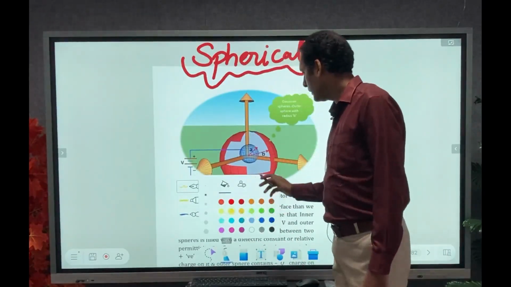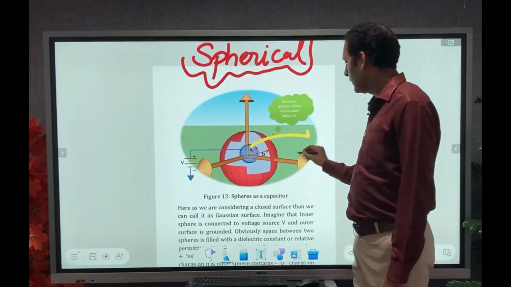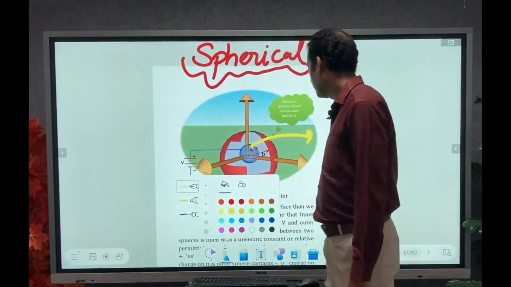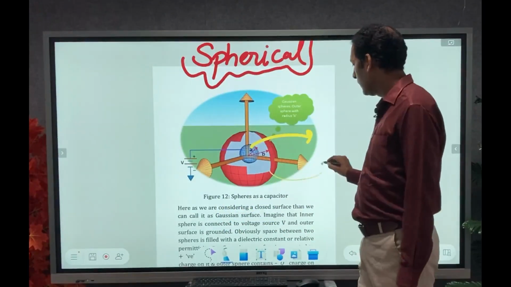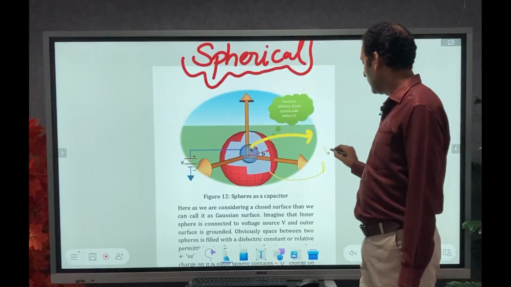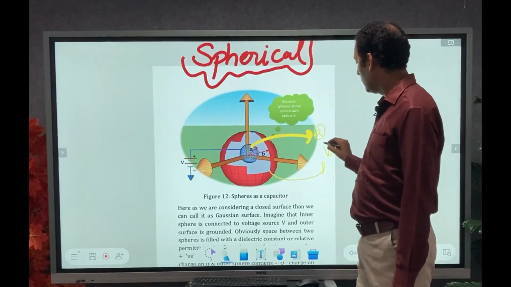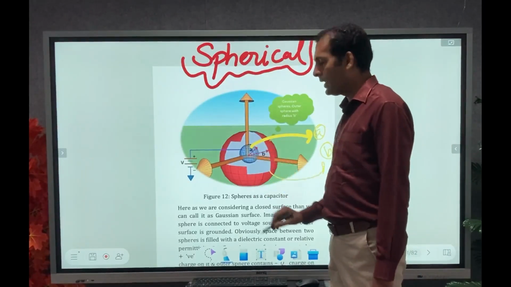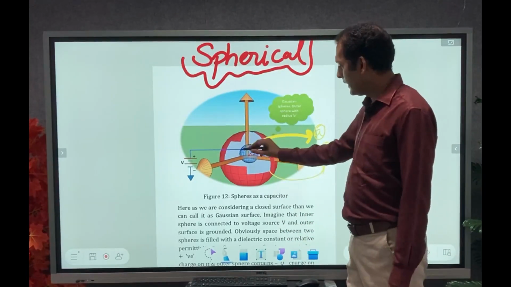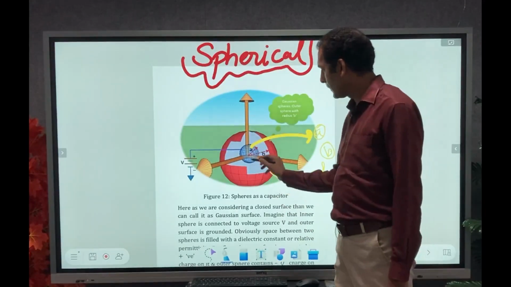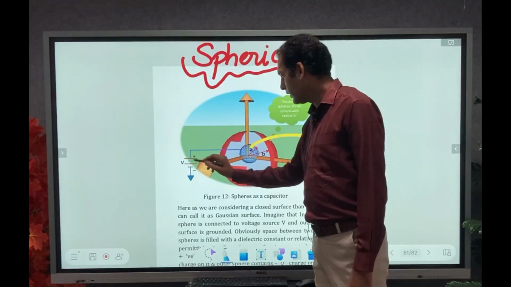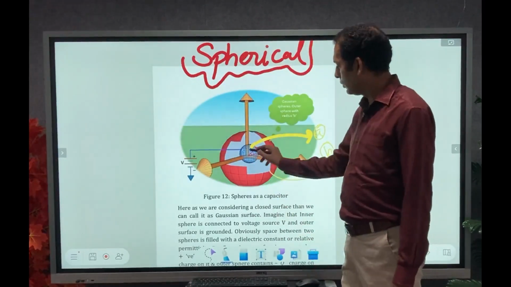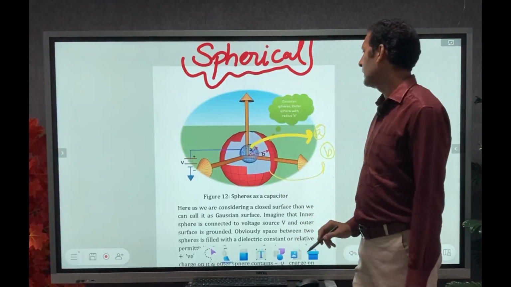So there is an inner sphere of some radius A and there is some outer sphere with radius B. So there are two spheres, right, and they are separated by some dielectric medium between them. In 3D we can easily see that. So the inner one is connected with positive, and the outer one will be grounded. Two spheres separated by dielectric.